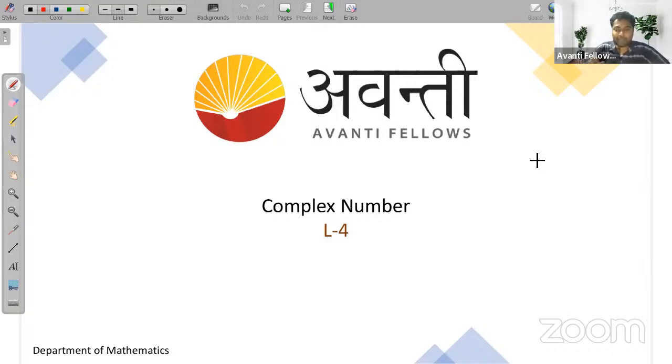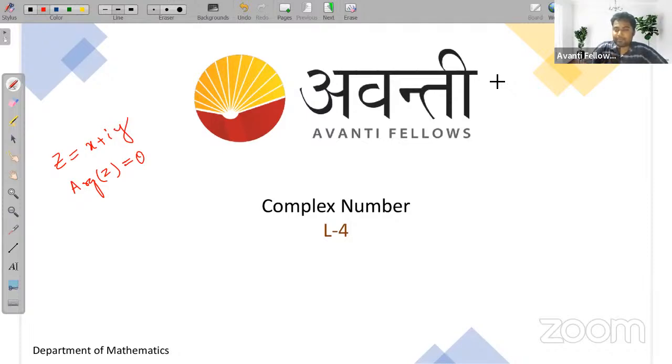So I'm asking you first, if z is a complex number which is x plus iy, and argument of z is theta, then can you tell me what is the polar form of this complex number? If z is equal to x plus iy and the argument of this complex number is theta, then can you express this complex number in polar form?